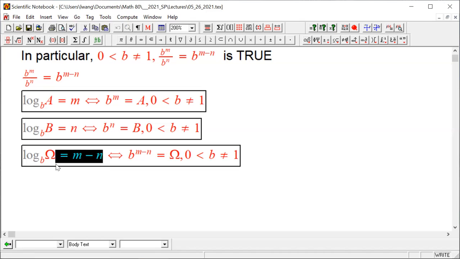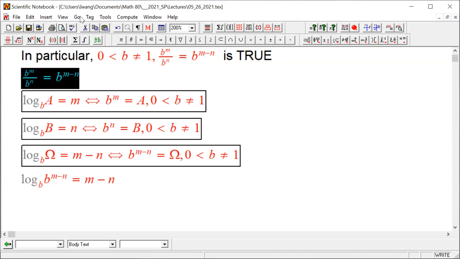And next, I'm going to single this piece out. From this piece, I know that omega is equal to b raised to the power of m minus n. Right?